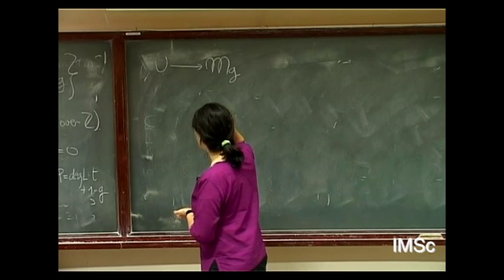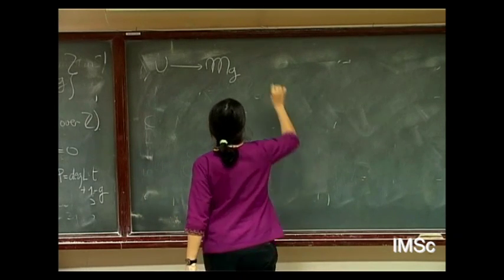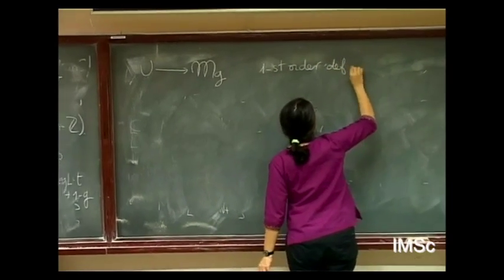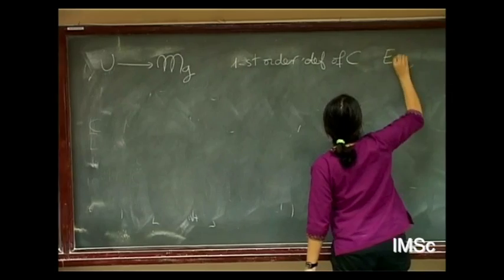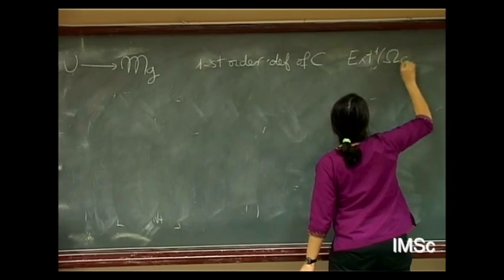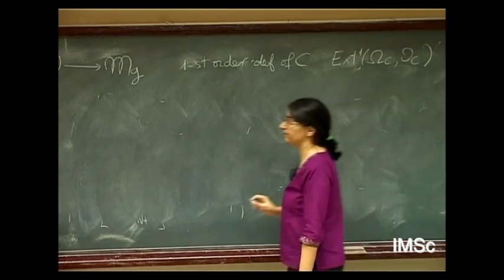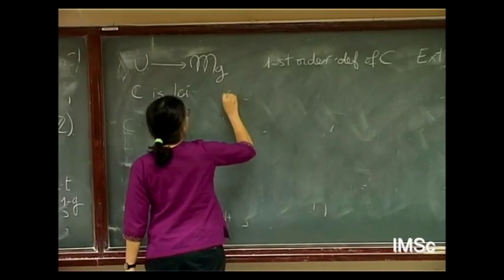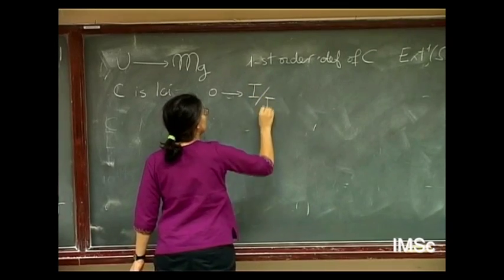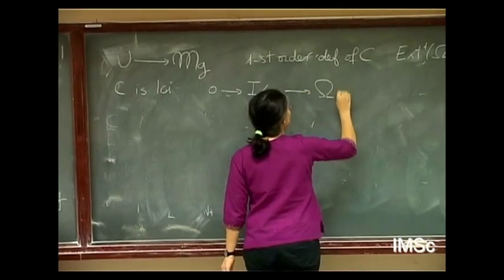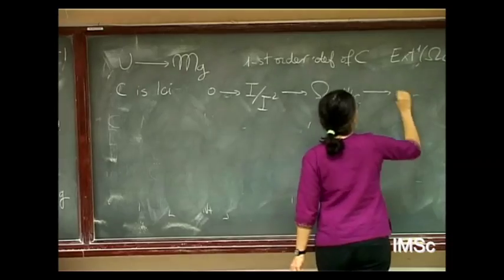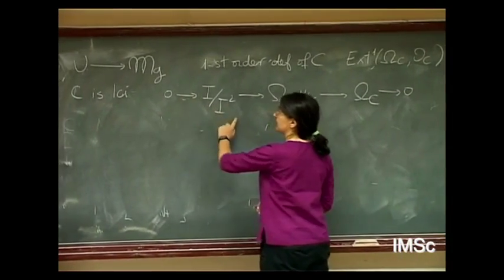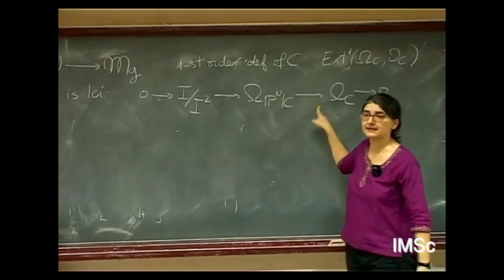The point is that the first order deformations of C are given by Ext^1 of omega_C with O_C, and since C is LCI, I have an exact sequence, as you know, the one we have been using all the time. In the book of Hartshorne, you learn that this sequence is exact when P^n and C are smooth.